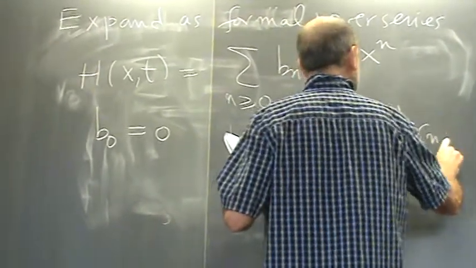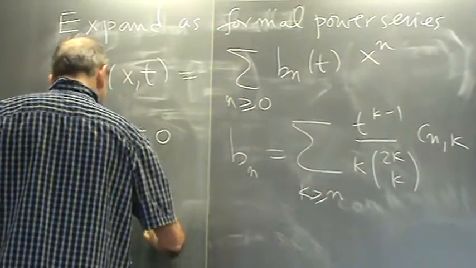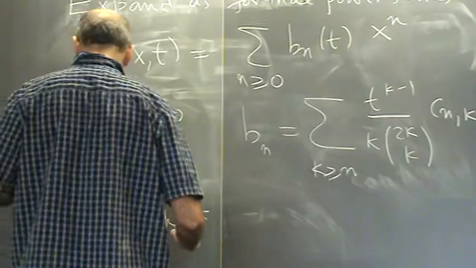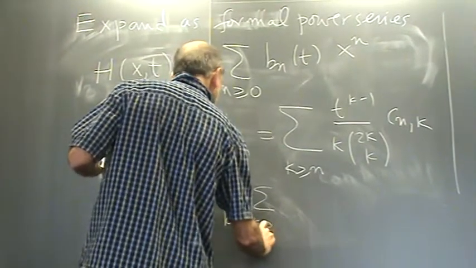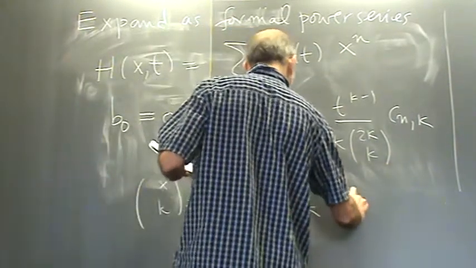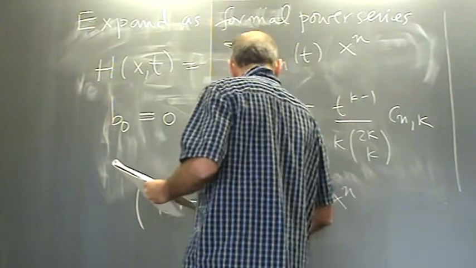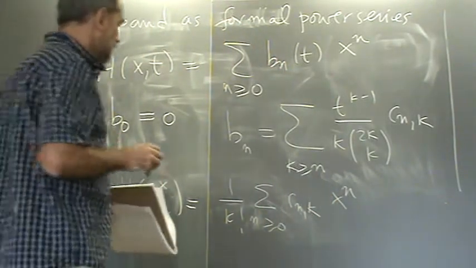So there's going to be a lot of formulas here. That simply comes from writing the binomial coefficient explicitly as a polynomial in x. So these c_{n,k}'s are integers.